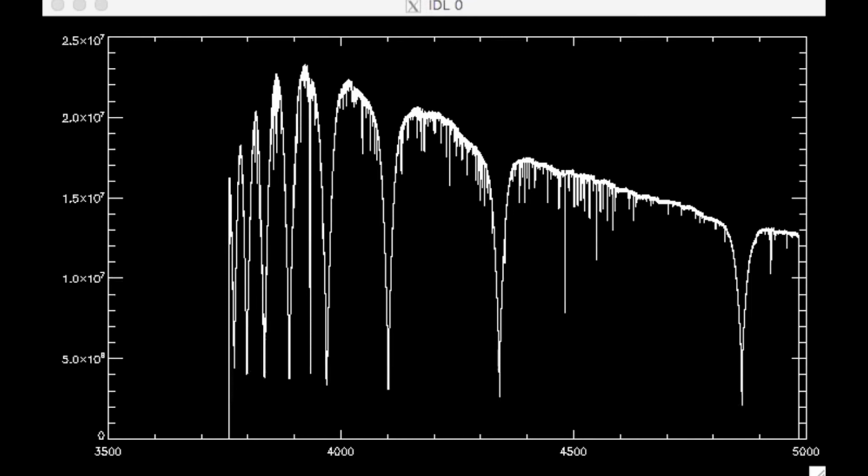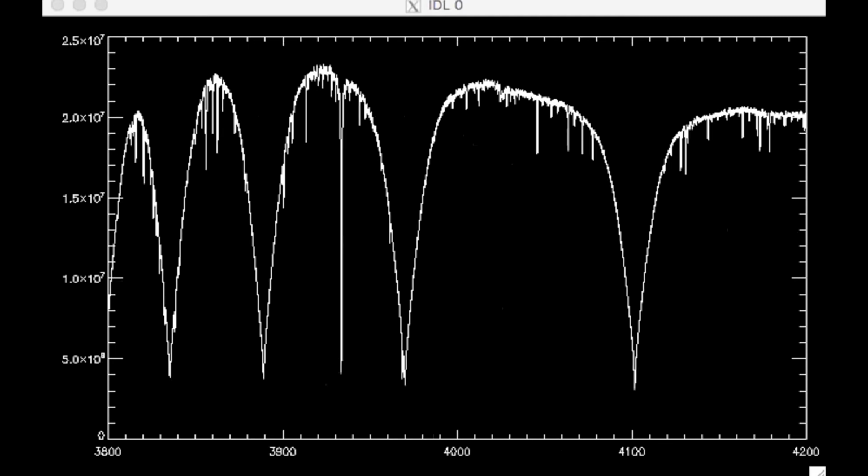Zooming in, in these lines, all of these very weak, very, very narrow lines relative to the hydrogen are all lines of iron 2, titanium, chromium. These are ionized metallic lines.